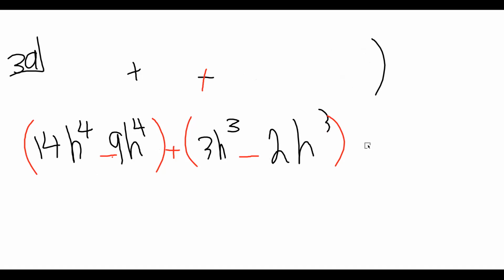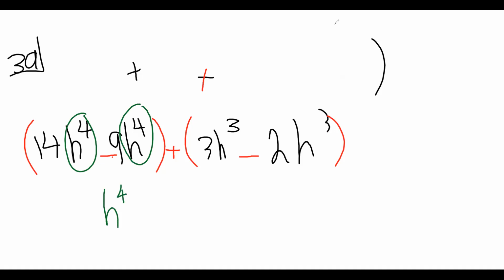Let's gather the power 4 terms in one bracket and the power 3 terms in another bracket. Then after that, let's change the color first. h to the power 4, they are the same, so choose one of them.